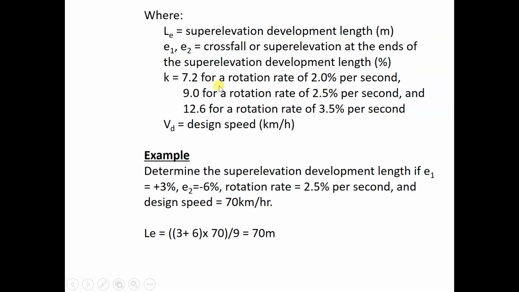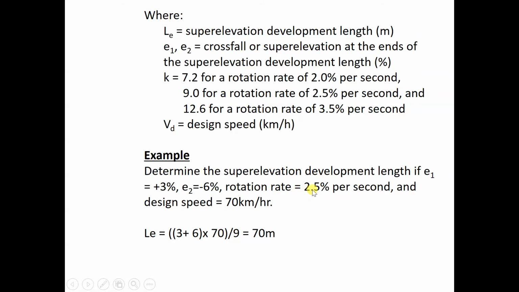K is equal to one of three values depending on the rate of rotation. If 2%, 2.5% or 3.5%, then 7.2, 9 or 12. Then design speed, how much is the speed you travel? So this example shows the super elevation development. E1 equal to plus 3%, and E2 is minus 6%.